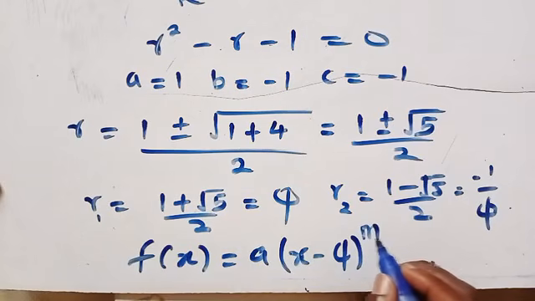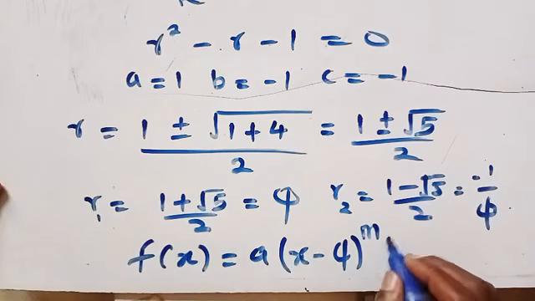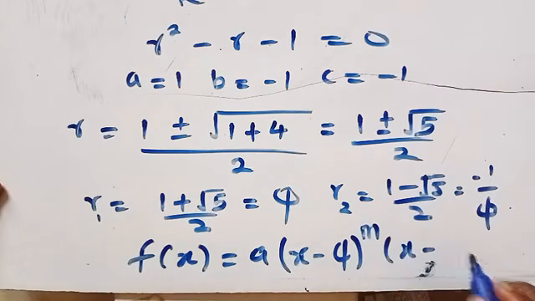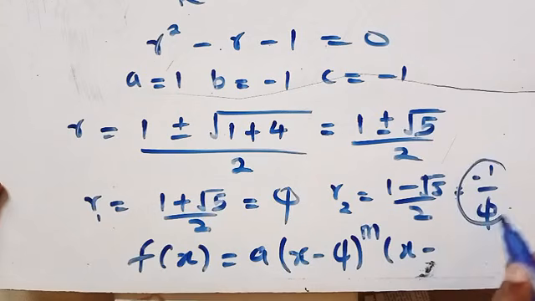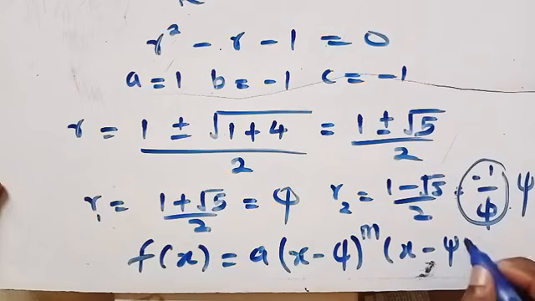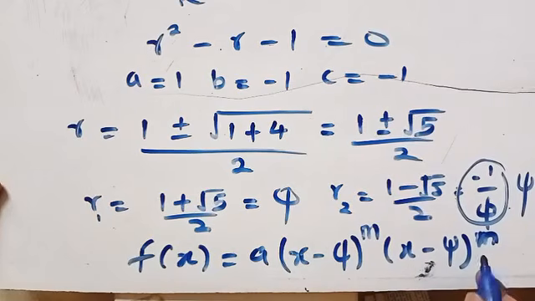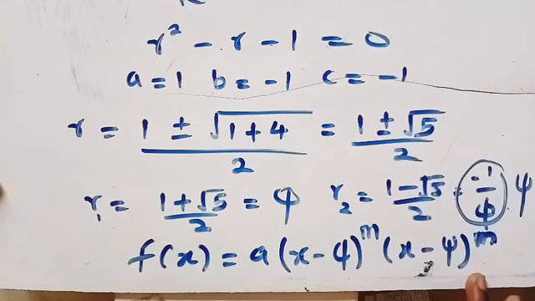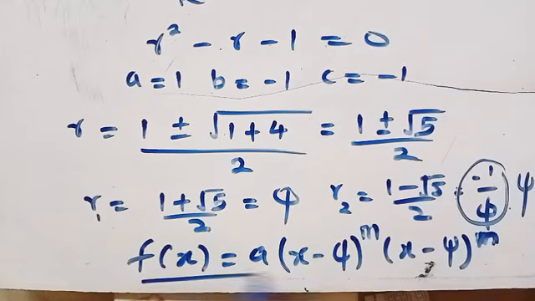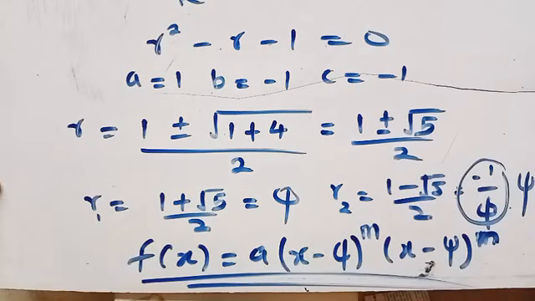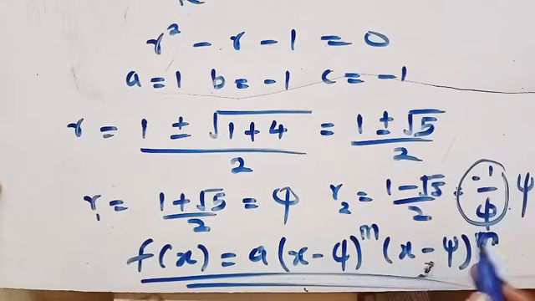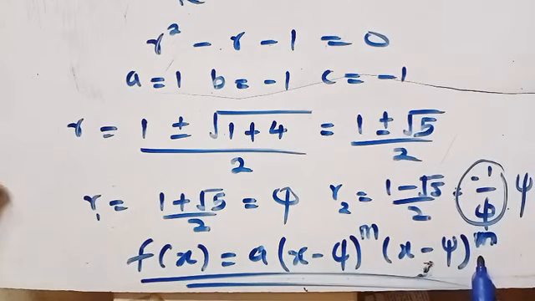So m and n, m is a member of integer. And also we have x minus, I want to call this one another letter. Then we have this raised to power of n, where m and n are both members of integer. So here is the general solution for this, and this works for all the real numbers. M and n are also greater than or equal to 0.